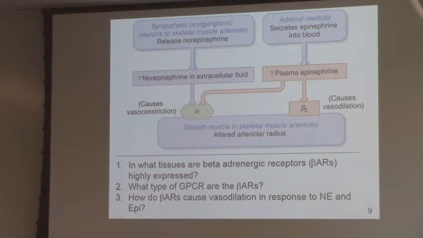Why does activation of beta adrenergic receptors in vascular smooth muscle cause vasodilation? What I want to do is trigger a memory in your heads. Remember when we talked about the heart, and beta adrenergic receptors increase the heart rate, and they increase the rate of relaxation.